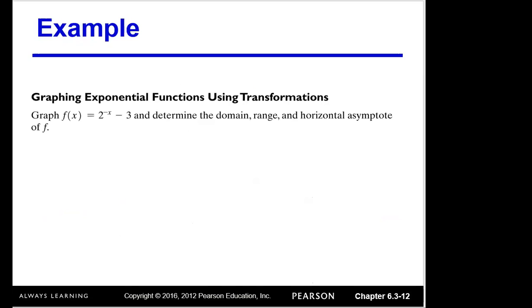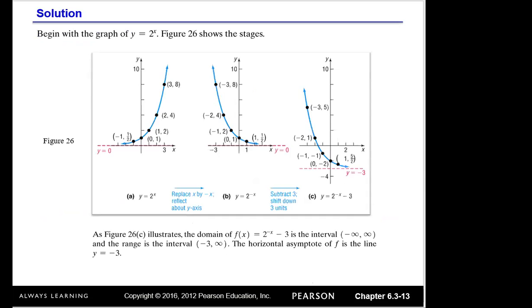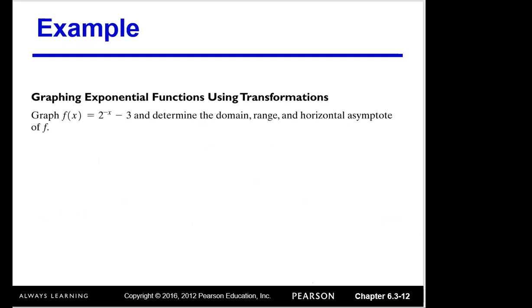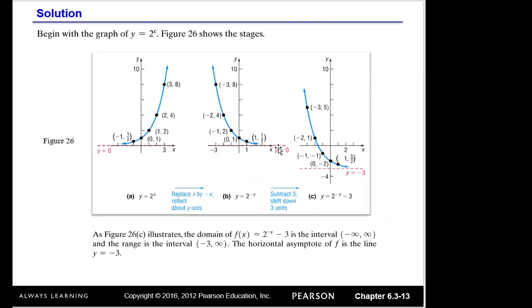Next, we're going to do transformations again with these guys. We've done transformations before, so real quickly. They wanted y equals 2 to the negative x minus 3.